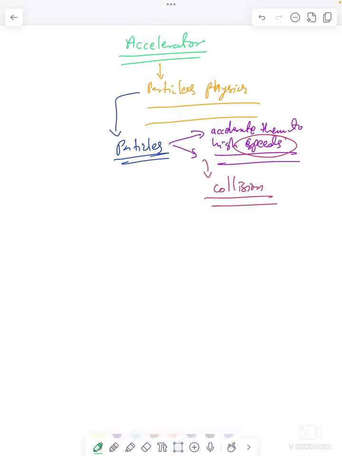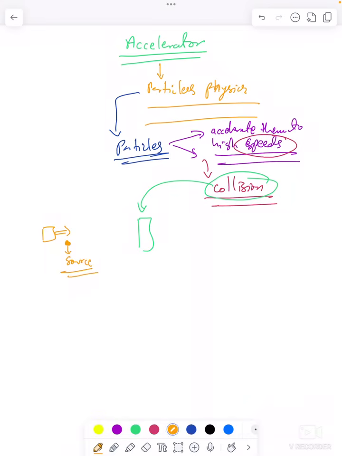For the collision, we have two types. In the first one, a particle is shot or released from a source, and it will go and hit a stationary target.